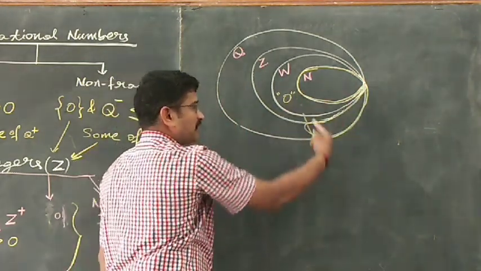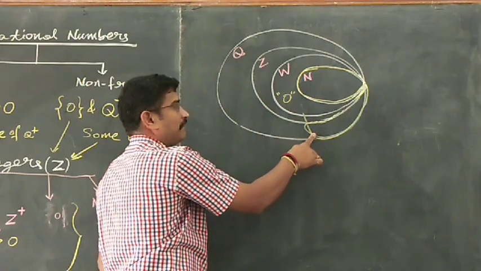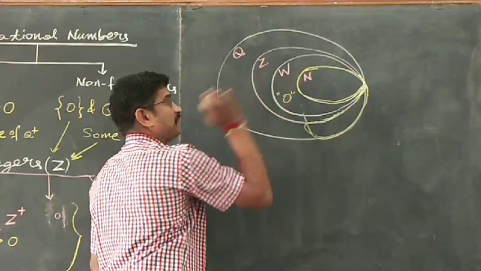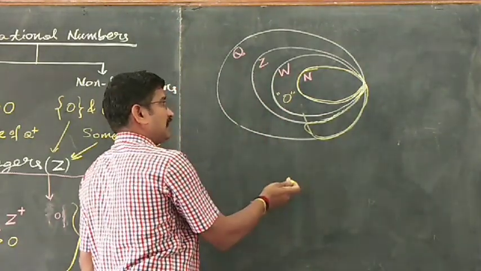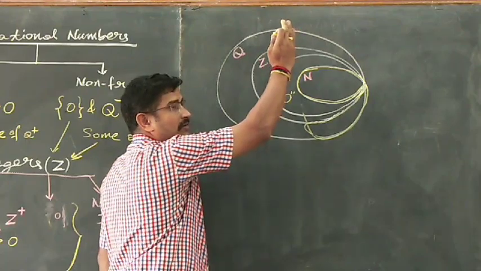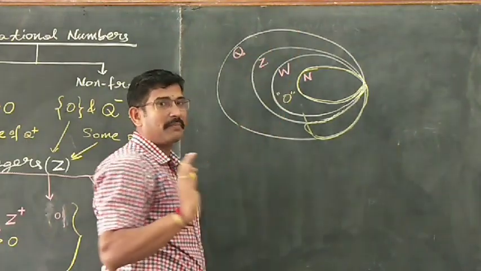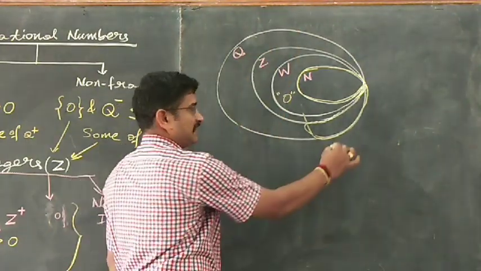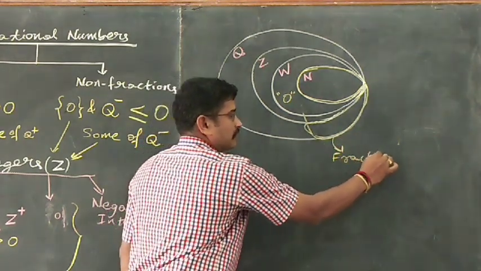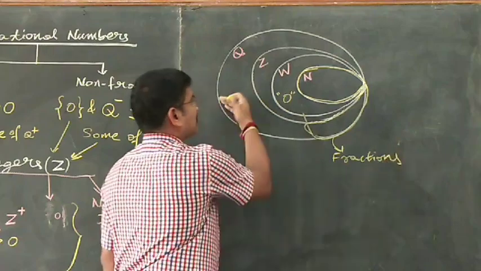All the natural numbers, some part of the rational numbers, except 0 and except negative integers. So, they become fractions. This yellow portion becomes fractions, and non-fractions are this side.